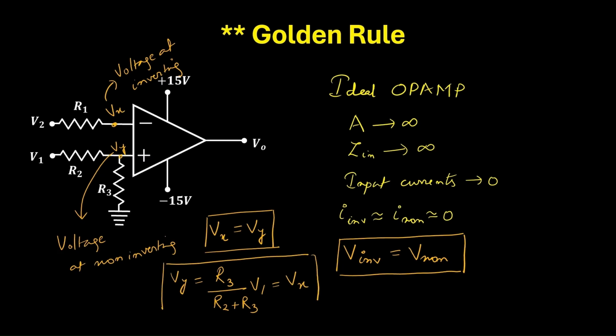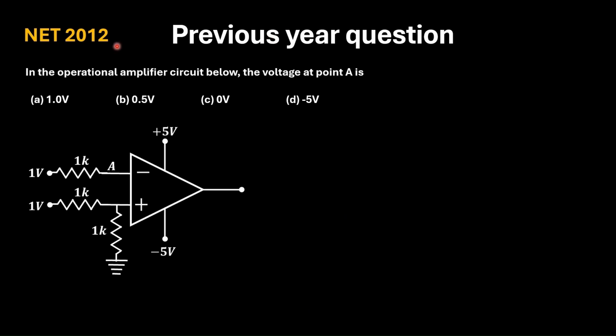Now using this concept, let us try to solve a numerical. This question was asked in the CSIR-UGC NET exam 2012. You are given a circuit and you are told to find the voltage at A. Using the previous concept, the voltage at A, I'll denote it VA here, should be equal to the voltage at this point, I'll call it VY.